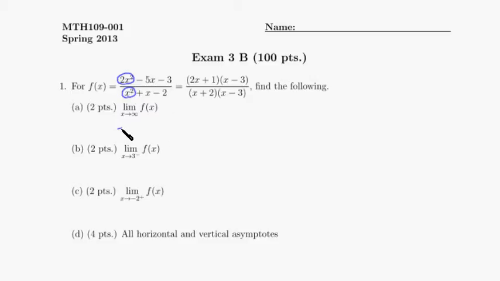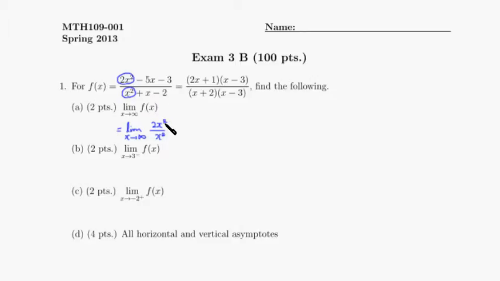So we can write it as the limit as x approaches infinity. You have 2x squared as the leading term on top, and x squared as the leading term on the bottom. Then we can ignore the rest of the terms.